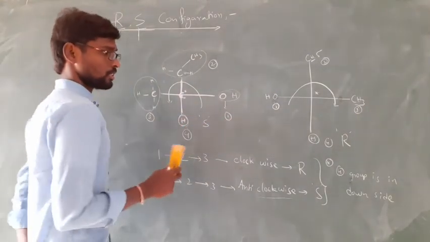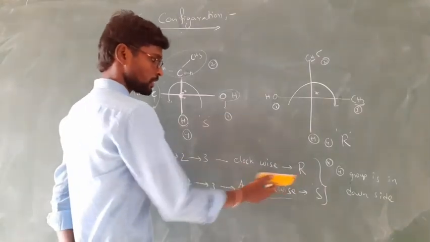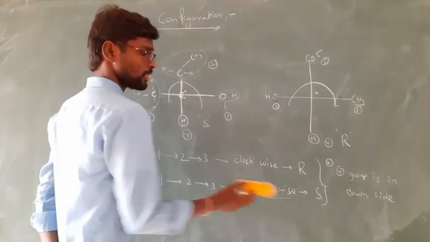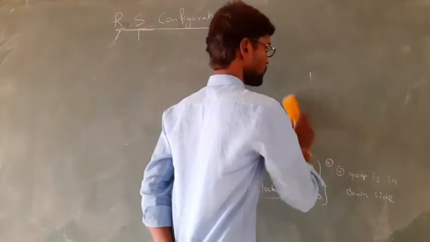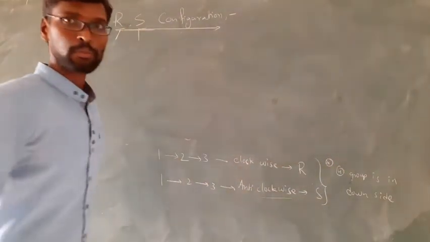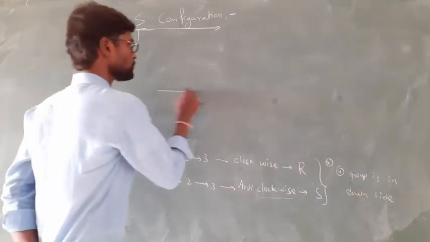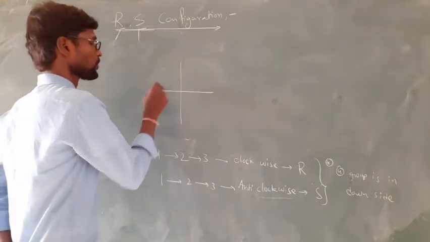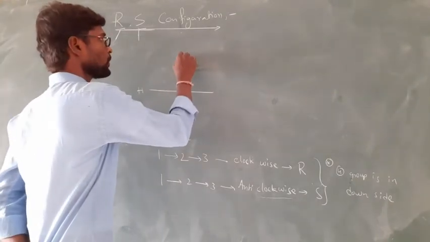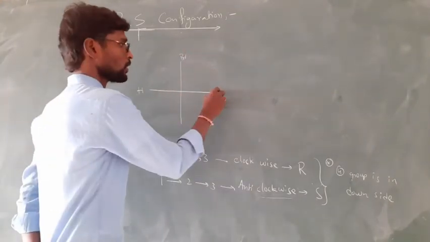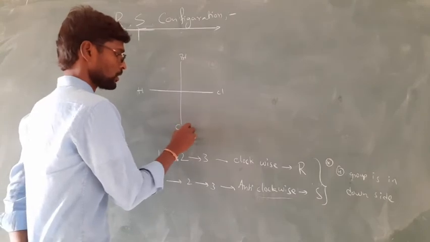Right, assume 1, 2, 3 clockwise means R and 1, 2, 3 anti-clockwise means S. So now we'll check the next molecule. I'm taking another molecule as an example. Suppose this is a hydrogen here and this is Br, bromine, and here chlorine is there, and here a CH3 is there.